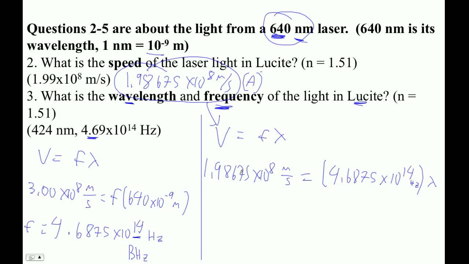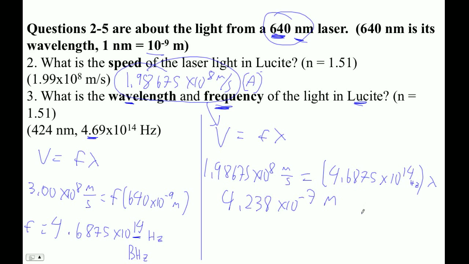So I can just divide the answer from A divided by B, right? And I get that the answer is 4.238 times 10 to the minus 7th meters, right?